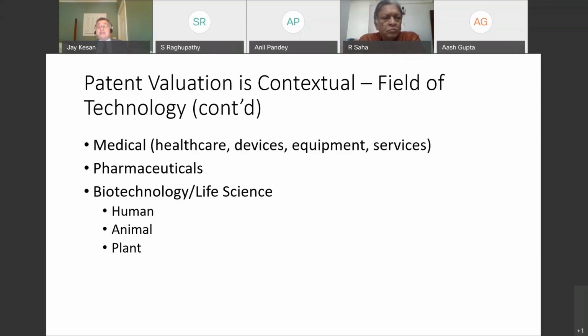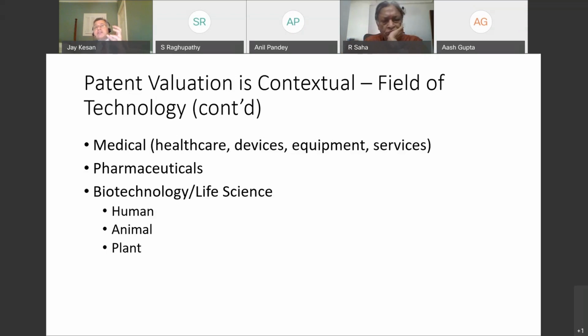The same is true with pharmaceuticals, and the same is true with biotech and life sciences, in the context of human treatment, animal treatment, crop science, etc. So there are a number of patents on all aspects of human, animal, and plant life, so that you have analysis of genomes and analysis of treatments, and you have personalized medicine for each of these situations, and a tremendous amount of science and genetically modified trait modifications and so on.